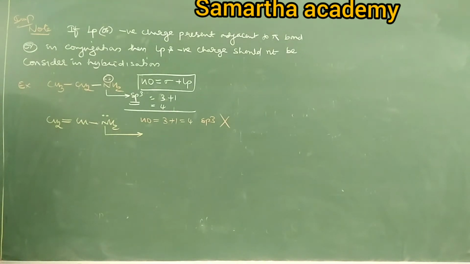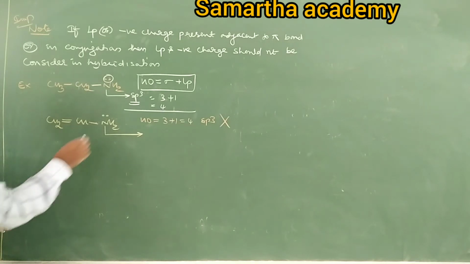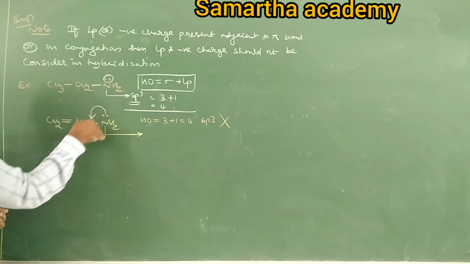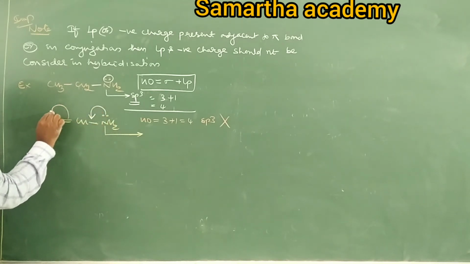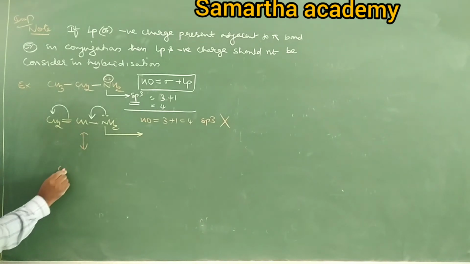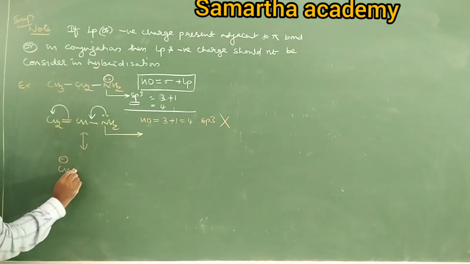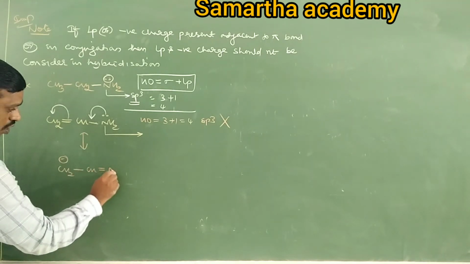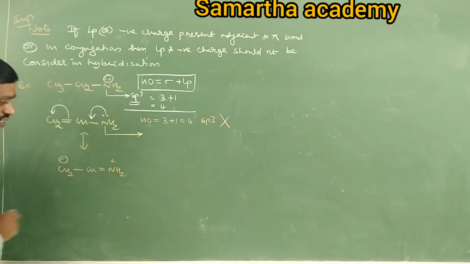Why? The reason is that this lone pair is in conjugation with the pi electrons. This lone pair forms a bond, and this pi bond shifts here. You have studied this in organic chemistry, the conjugation phenomenon. CH2 becomes CH2 minus, the double bond becomes single, the CH single bond becomes double, and NH2 becomes NH2 plus.